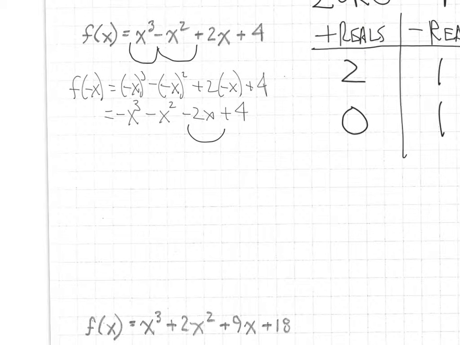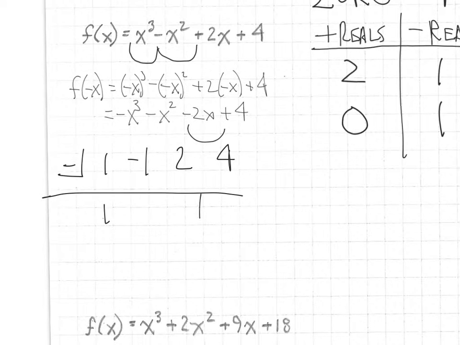All right, so here we go. Synthetic substitution, let's use negative 1. Let's use our coefficients from our original polynomial, 1, negative 1, 2, and 4, and do our synthetic substitution. Okay.